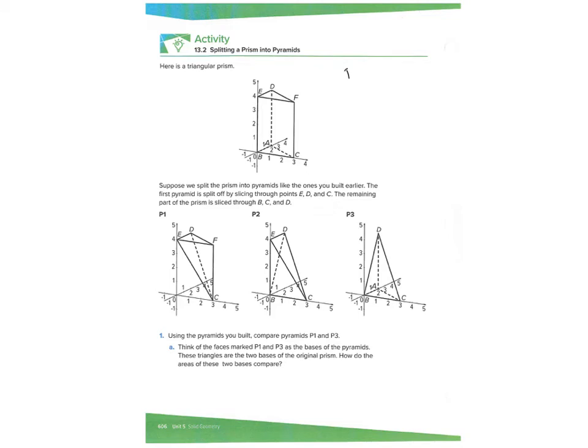So page 606, I'd like you to take a look at these diagrams on your own time. I want to say this is similar to page 602. We looked at 3 square pyramids fitting into 1 cube.